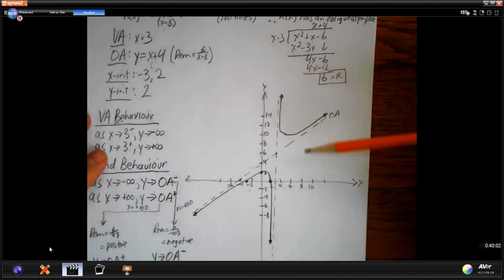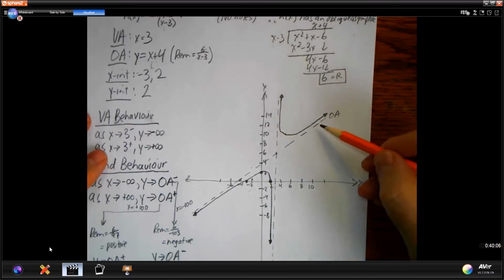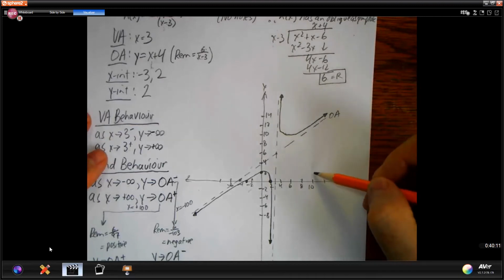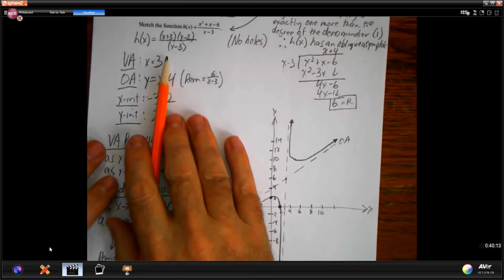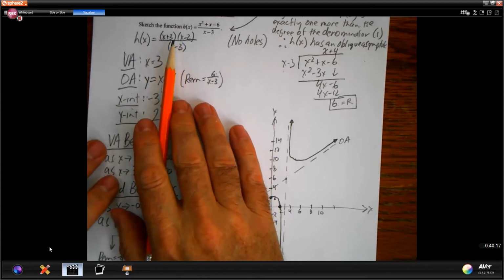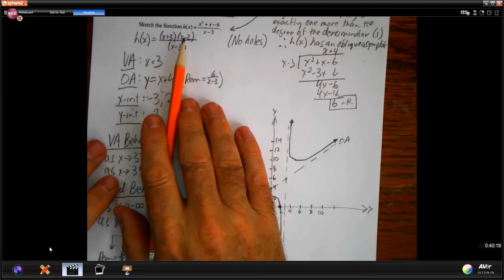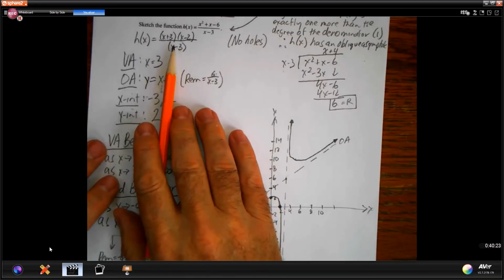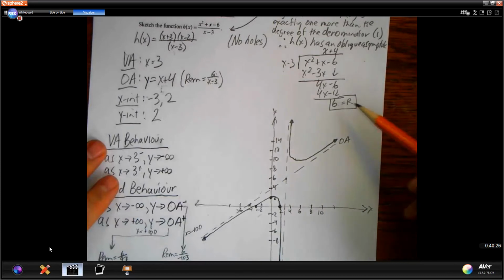That would be the y value for the actual line, the oblique asymptote. Then I'd plug in x equals 10 in the original equation for where my curve is. I would get 13 times 8 over 7. I'm not going to do that calculation, but it will turn out to be higher than 14.